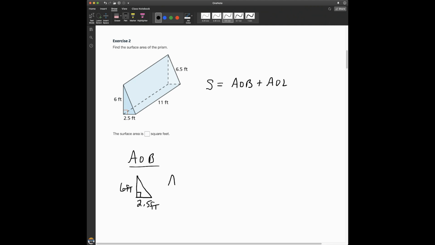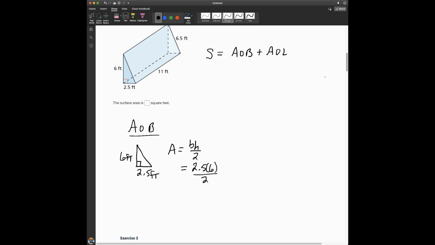So let me find the area of one of those triangles and then multiply it by 2. .5 times 6 divided by 2. And let's see here. There's canceling I can do. So this is 7.5 feet squared. But the area of the bases is both triangles. So I have to take this number, multiply it by 2, and I get 15 square feet.